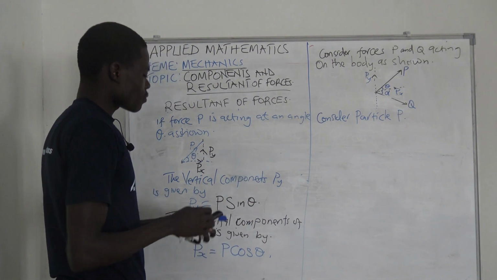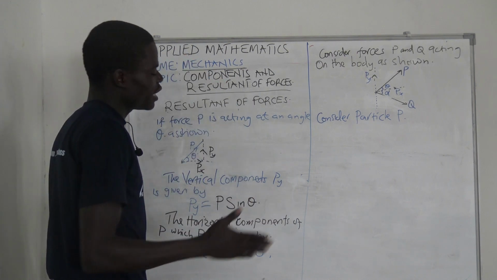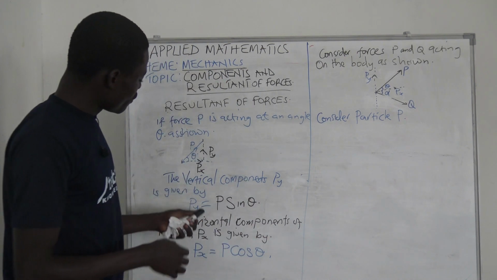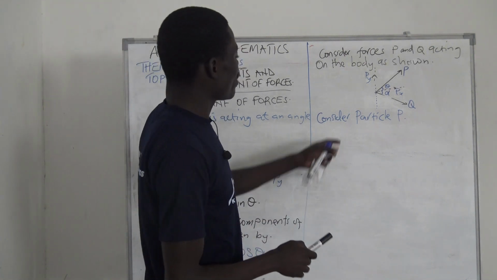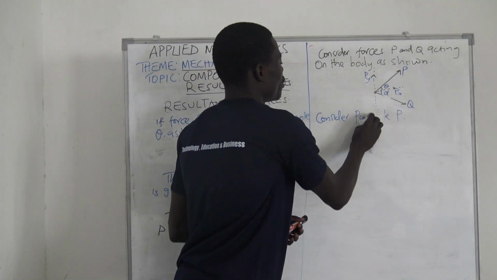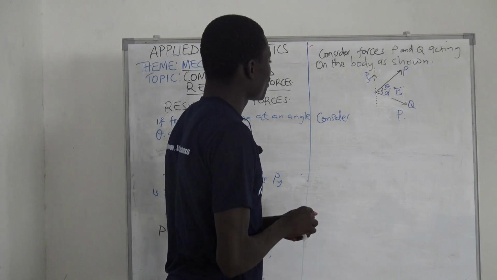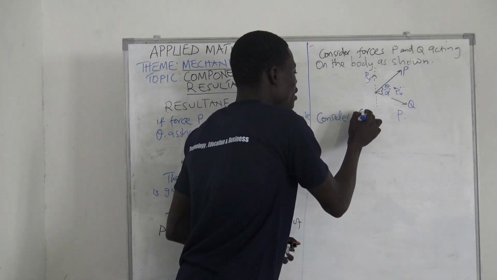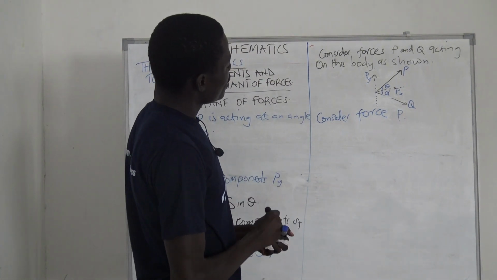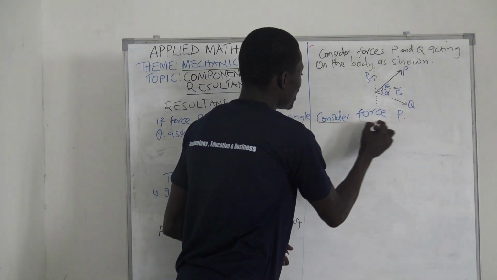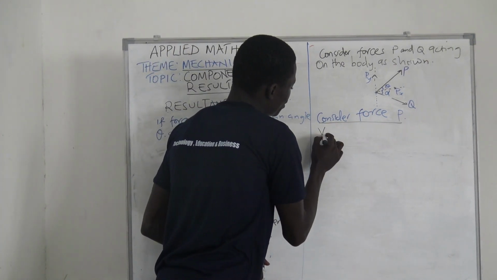But we say the components of a force which is acting at a given angle are two. One of them is the vertical component. Since we are considering force P, not particle P, we need to get the vertical component of force P. Then how do we get the vertical component?